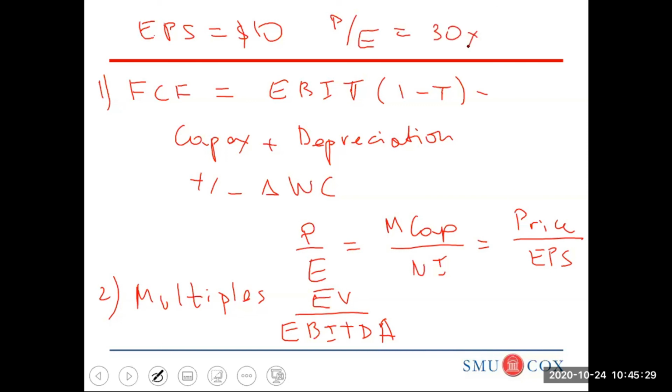And you would calculate that P/E ratio based on comparable companies, not on Apple. So you look at other companies. Then to calculate the share price, you would multiply $10 by 30, and you'd say Apple's share price should be 300. So that's how you would apply it.